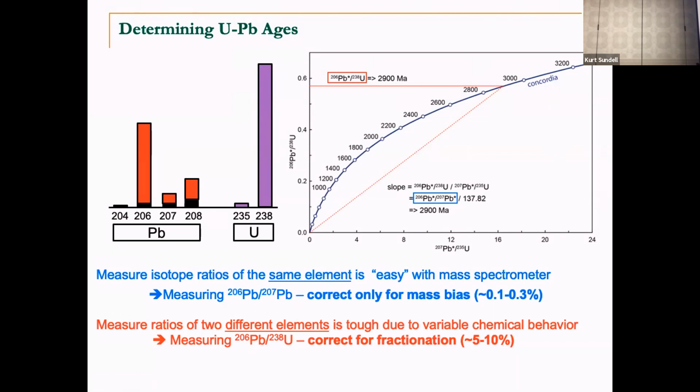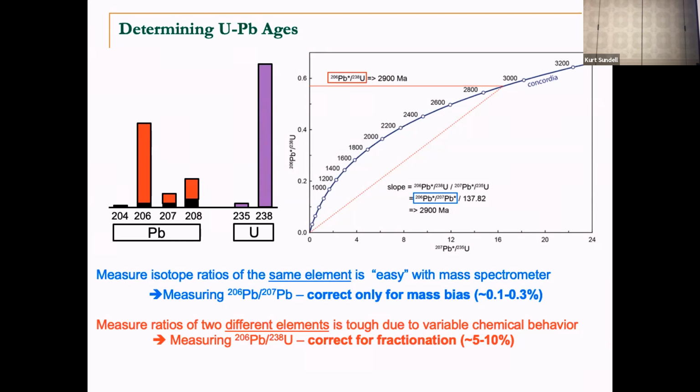Okay, so the way that this works is that mass spectrometers turn out to be really good at measuring ratios between isotopes of the same element. So lead-206, lead-207, no problem, it reads a great ratio. Keep in mind, those have similar ionic radii and similar masses, so they're going to behave really similarly in the mass spectrometer.